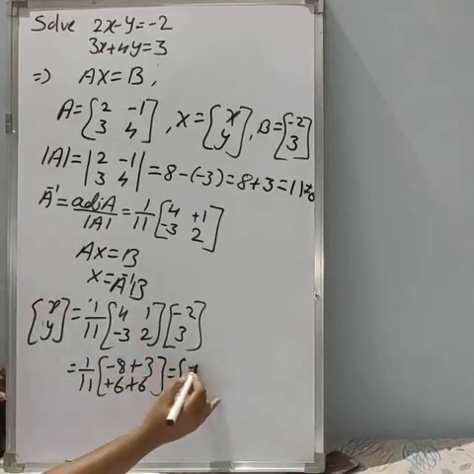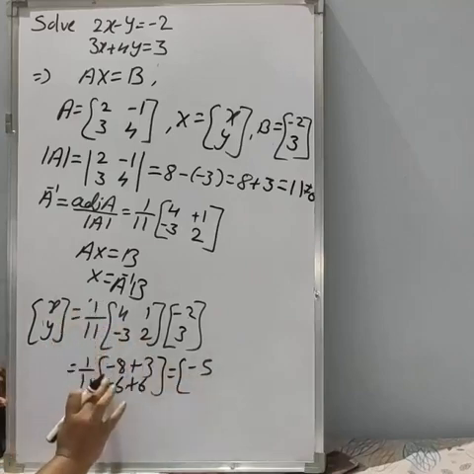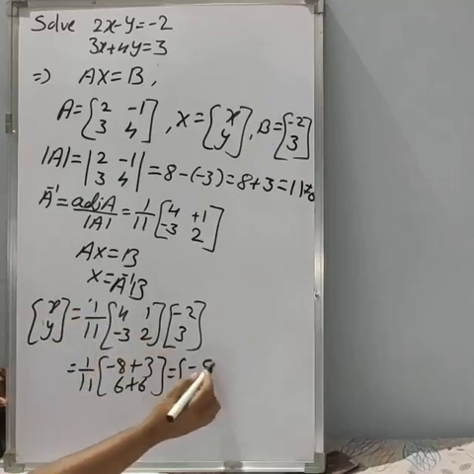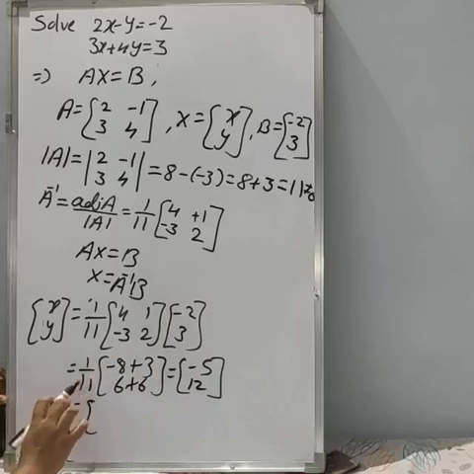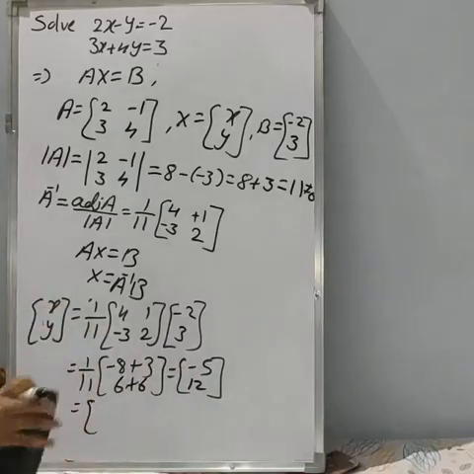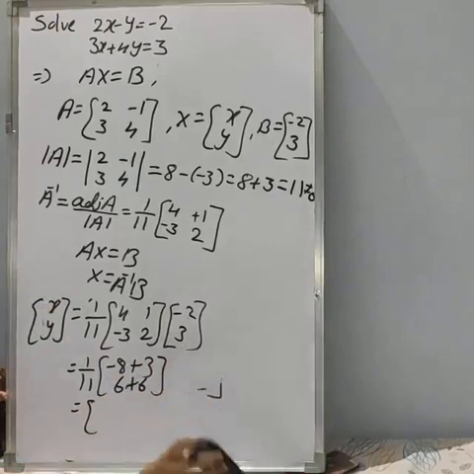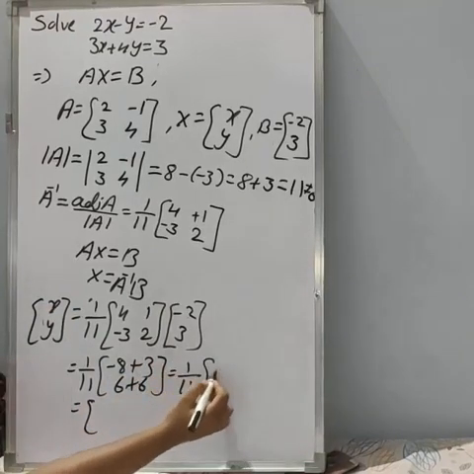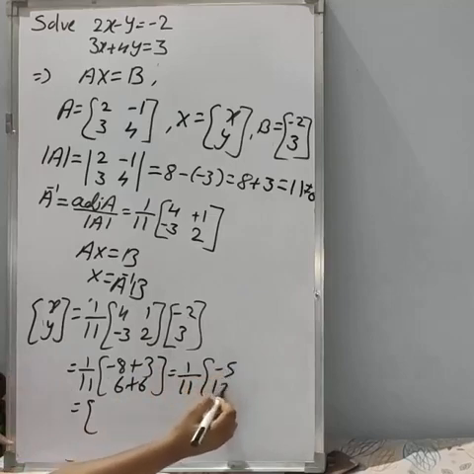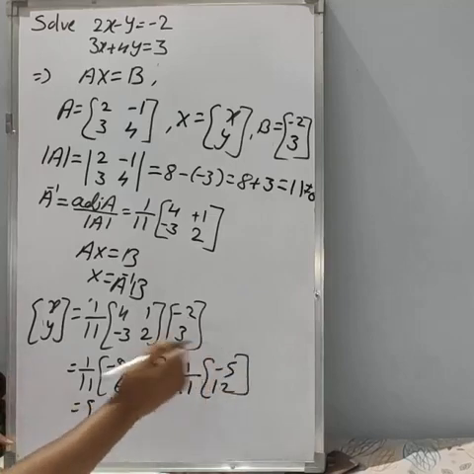So this is equal to: minus 8 plus 3 is nothing but minus 5, and 6 plus 6 is nothing but 12. Okay. So we have 1 upon 11 into the matrix minus 5, 12. Multiply this 1 upon 11 inside.